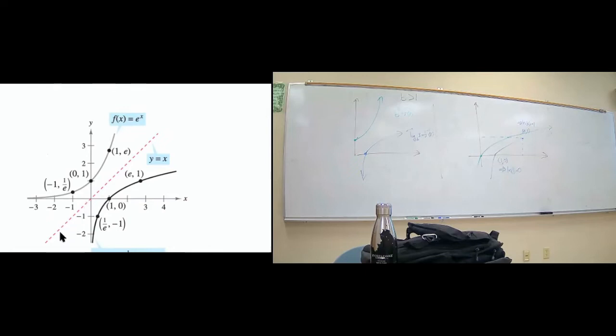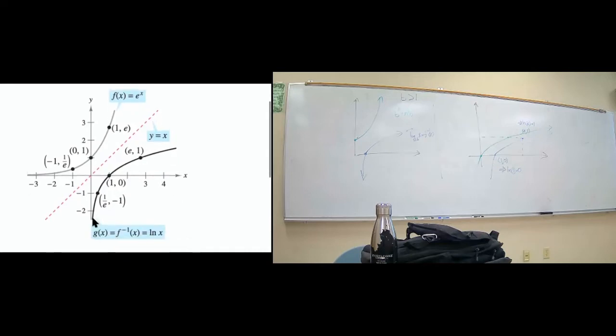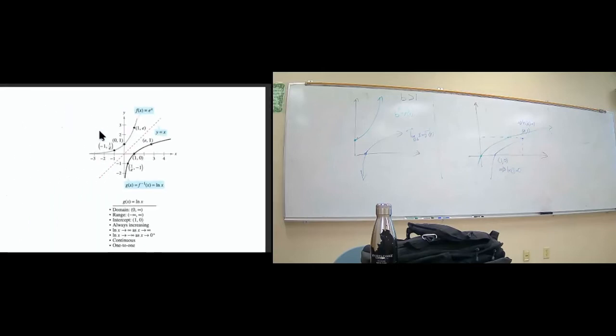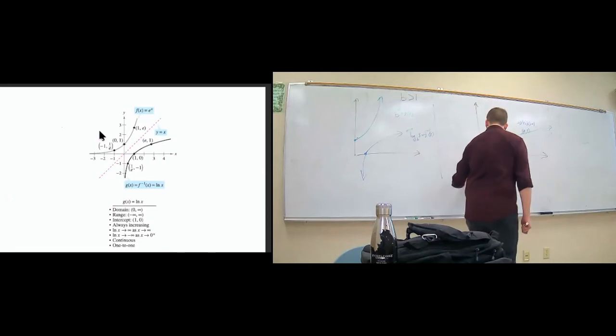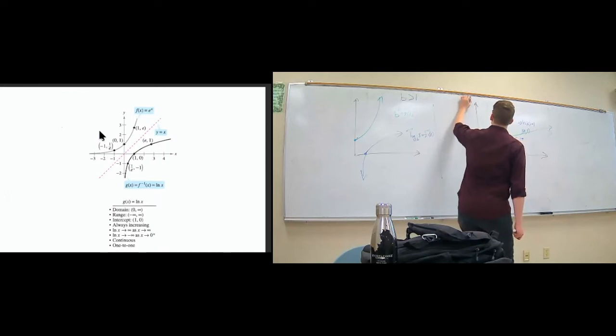But when we reflect that across the line x equal to y, we get that the inverse function must be asymptotic with the y-axis, or to when x is equal to 0, right? So we have an asymptote here for the inverse function, that's the ln of x. And we have an asymptote here for the original function, that's e to the x. So in our graph that we've got on the board, we actually have this asymptote whenever x is equal to -1.